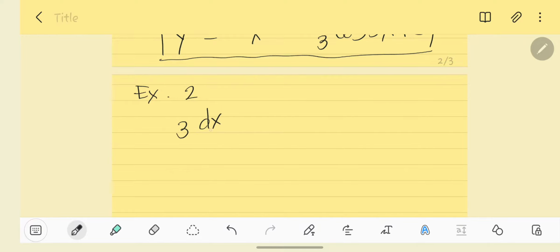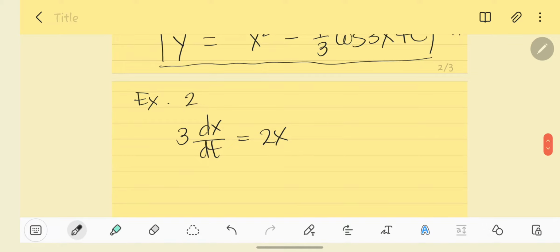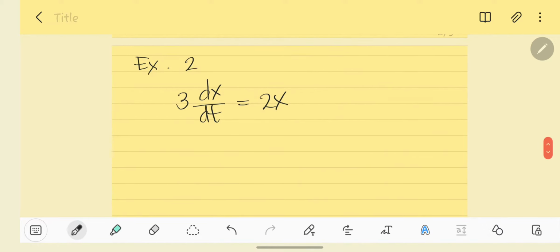Example number 2 is 3 dx over dt is equals to 2x, as we have written last time. So 3 dx over dt is equals to 2x. So we have to do some manipulation to get it in the form of step 3.